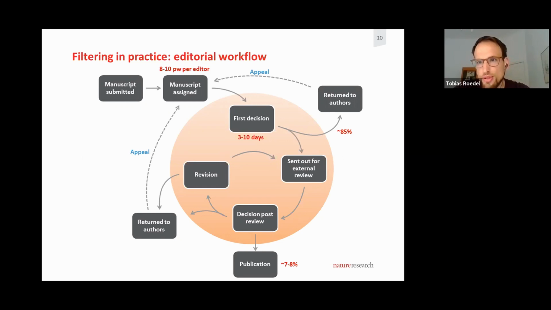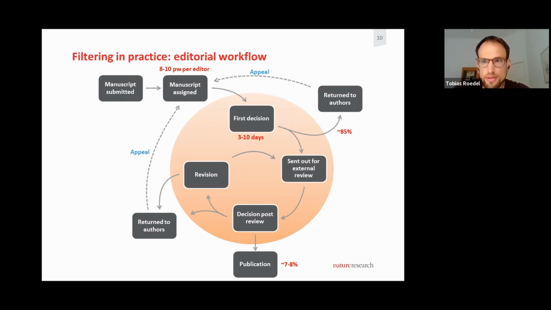Unfortunately, we have to reject many of the papers. We get a lot of exciting results, but we have to be very selective. So we reject about 80 to 85% of the papers, and only 15 to 20% go out to peer review.